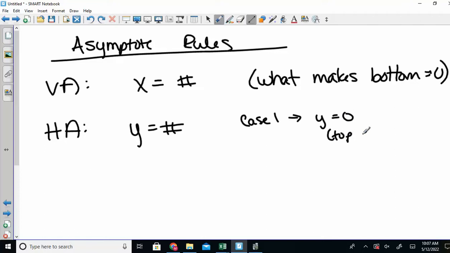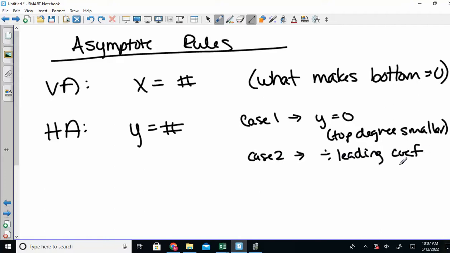You get y equals 0 if the top degree is smaller. You have to divide the leading coefficients when they have the same degree.